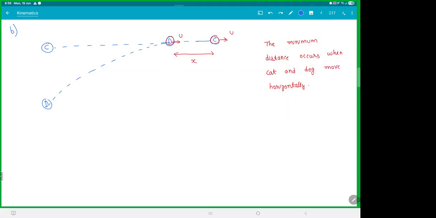Now look at this. Who has gone more distance, cat or dog? Cat, right? Cat is ahead. So the horizontal distance by cat minus horizontal distance of dog must be equal to x, which is the final distance between the cat and dog.